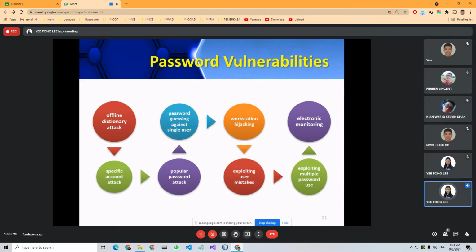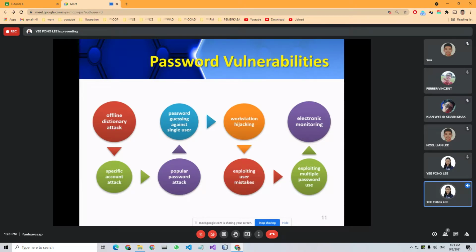Next one, we talk about workstation hijacking. The attacker might try to log in to workstations, or they are waiting. They are waiting to log in to the workstation when it is unattended.